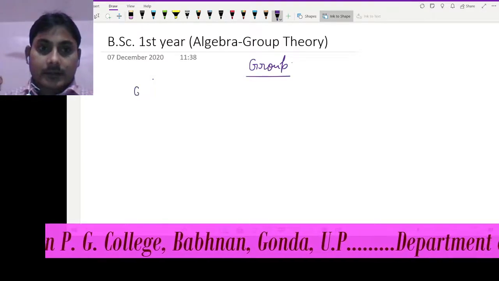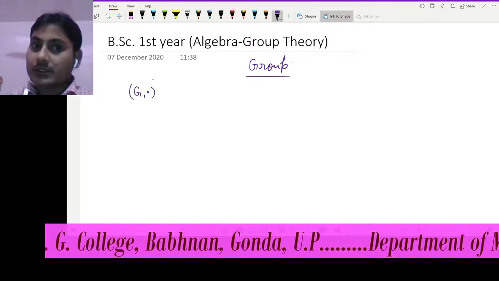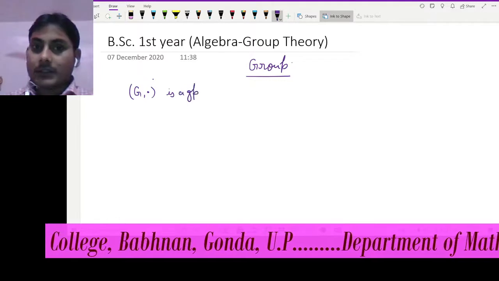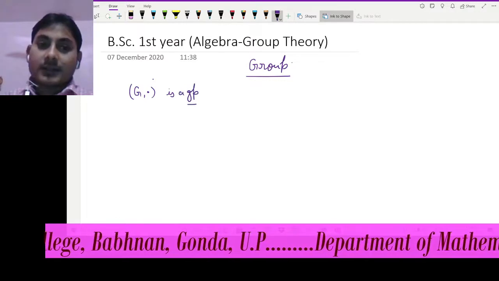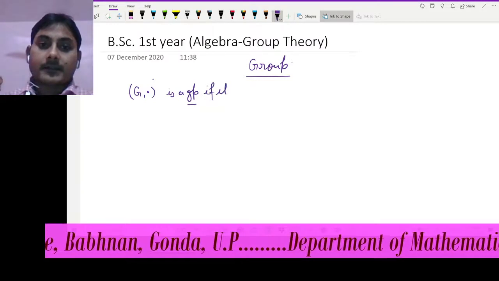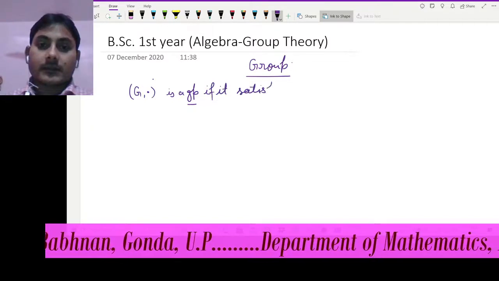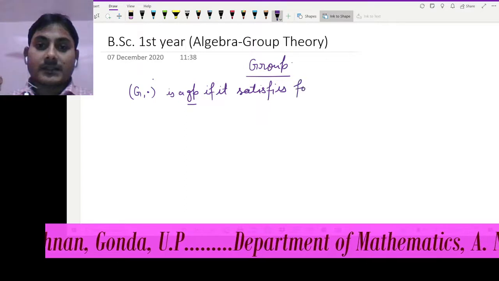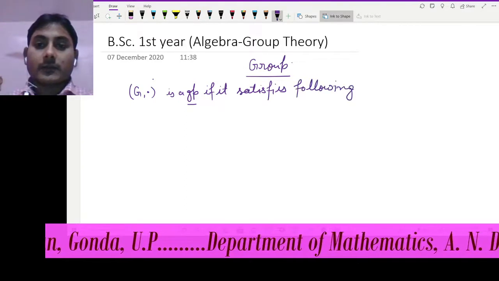A set G with a certain operation dot is a group. I usually denote it by GP for group. So this is a group if it satisfies the following conditions.